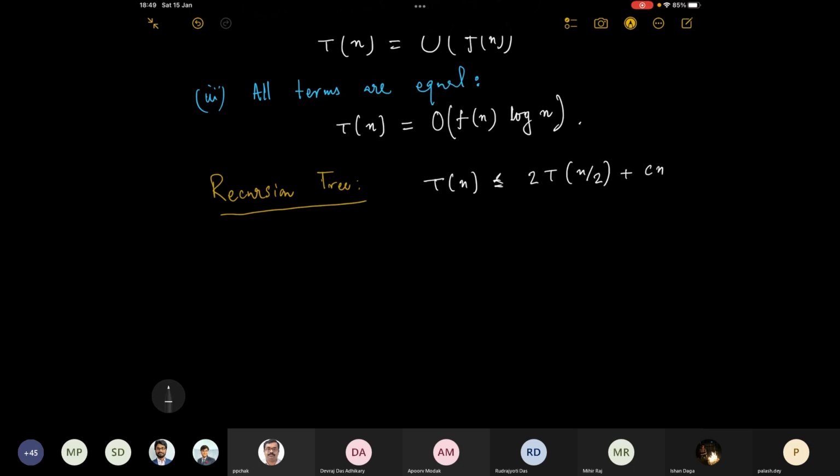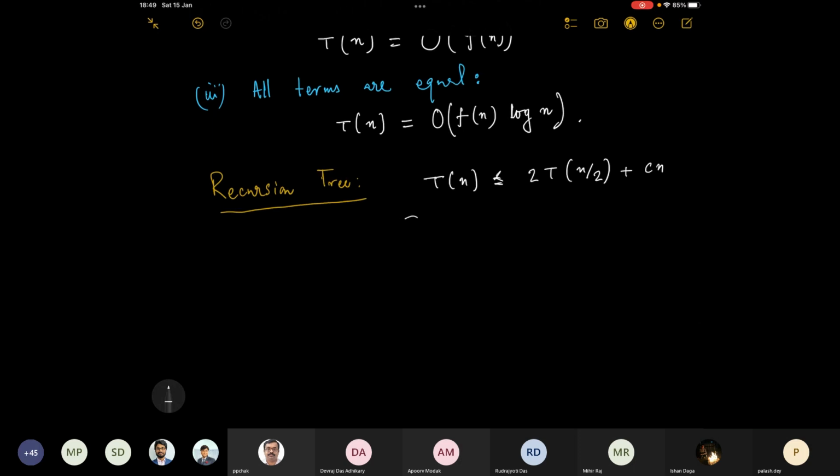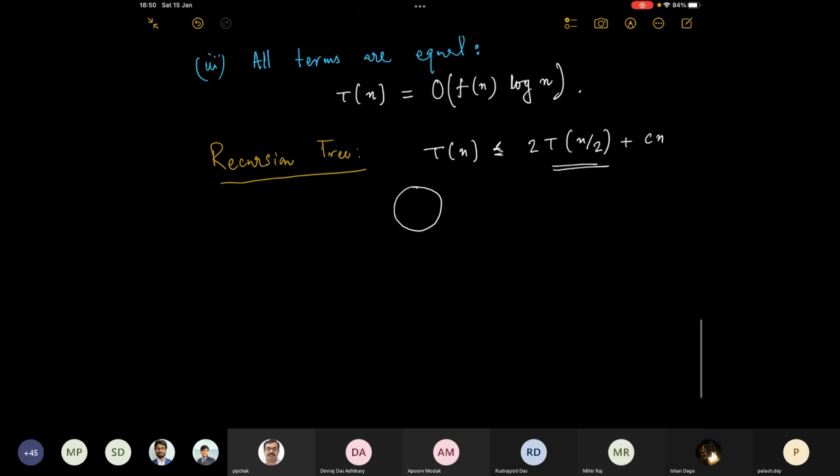The recursion tree is this: for every function call, you make a node in the tree. This node is for the call when an array of size n has been fed. In merge sort, two recursive calls are made, and you denote them as subchildren.